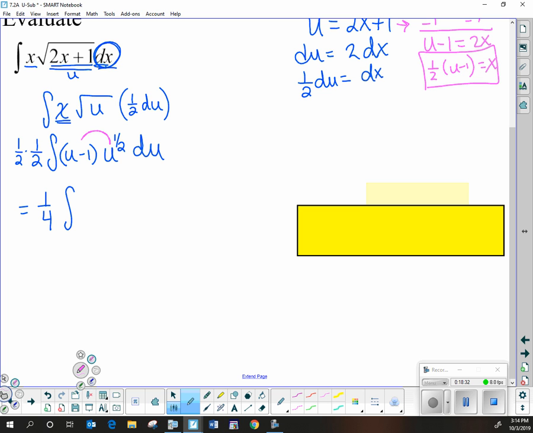But we can get rid of that. Let's send it back to a polynomial form. U to the first times u to the 1/2. We add those exponents, so that would be a 1.5. I'll call it a 3/2. Minus u to the 1/2 du.